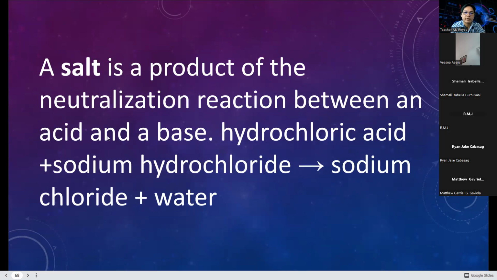So the HCl, or hydrochloric acid, reacts with sodium hydroxide to form sodium chloride and water. That's the reaction.